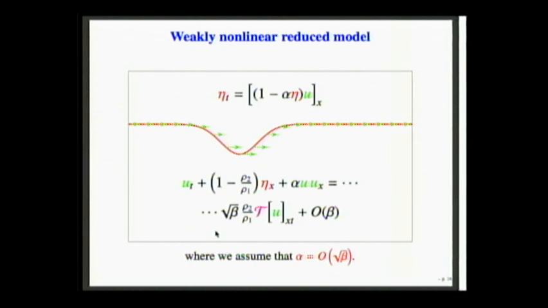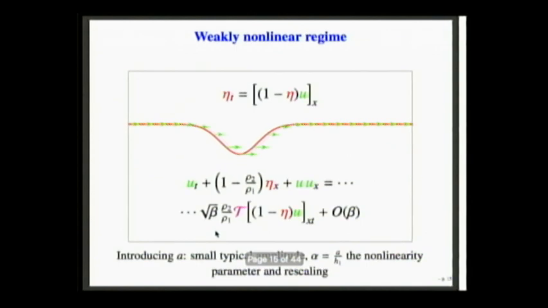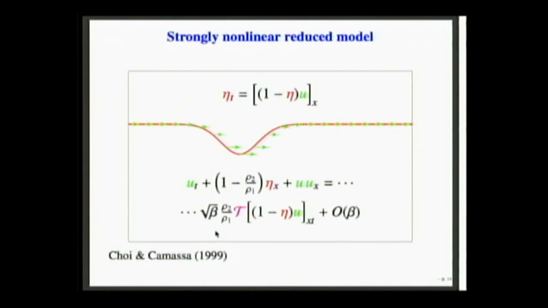And this model is obtained assuming that the relation between the dispersion parameter and alpha is of this type. Of course, from a strongly nonlinear model, many options for a weakly nonlinear regime can be obtained.